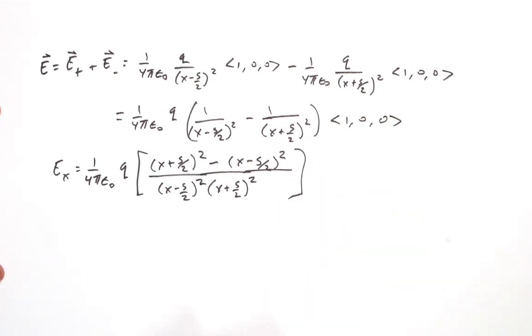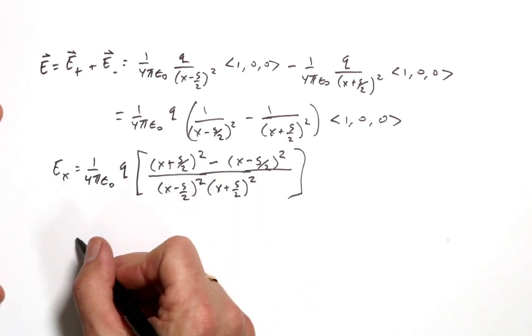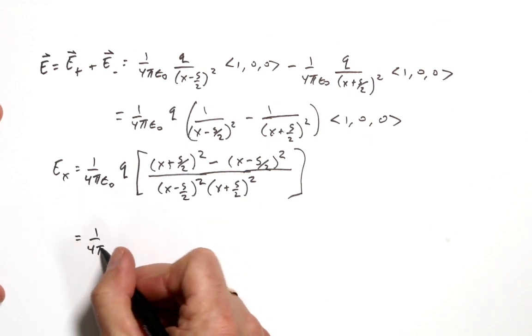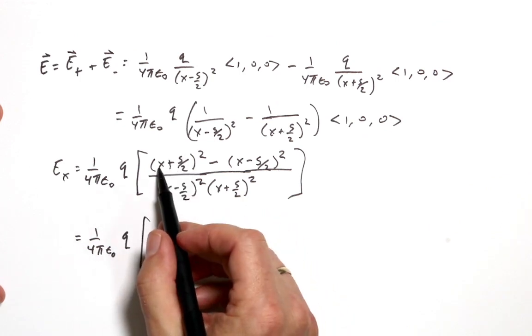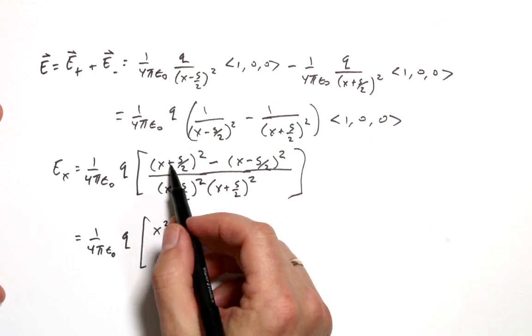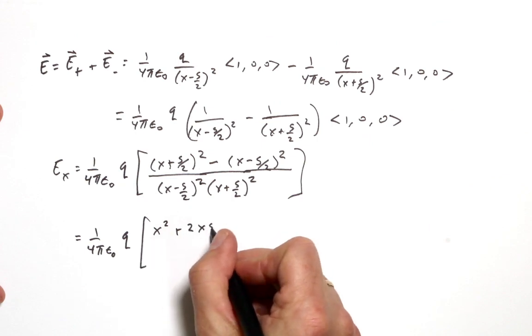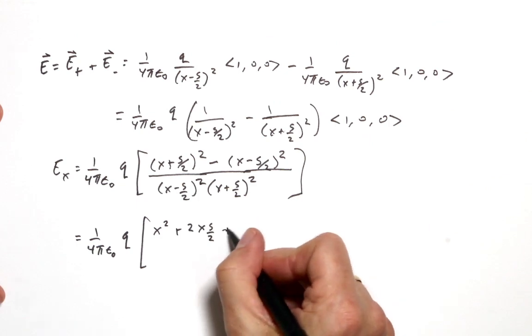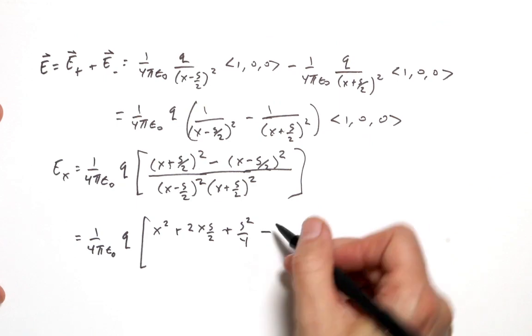Are we having fun now? Okay. Now, let's multiply this stuff out up here on the top. So I get 1 over 4 pi epsilon naught Q. Now I'm going to get x squared, and then I'm going to get 2 of these terms, so plus 2x s over 2, which is just xs. And then plus s squared over 4. Now on this side, I'm going to put the minus right there.